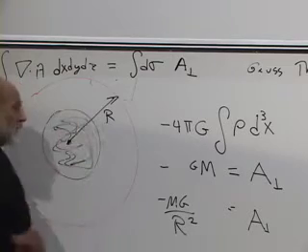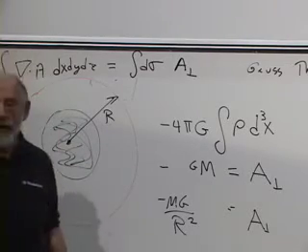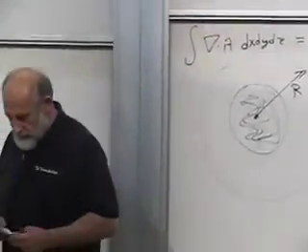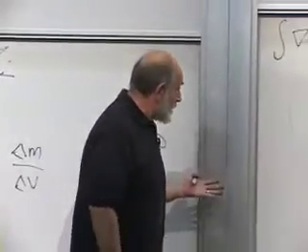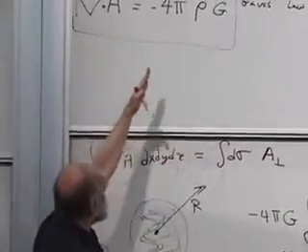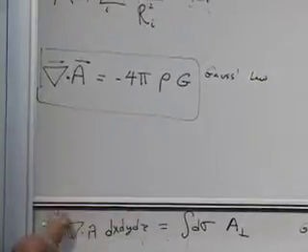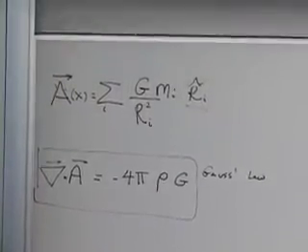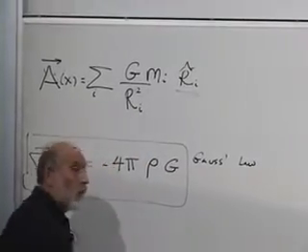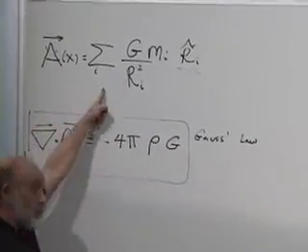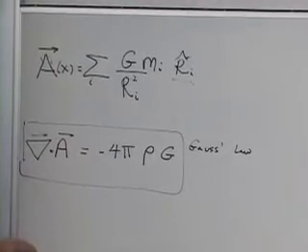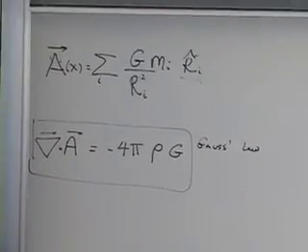All it depended on was that the mass was spherically symmetrically distributed. Okay, so I did this again to point out to you that del dot A equals minus 4 pi rho G is equivalent to A being the sum over all the mass points of Newton's characteristic expression for gravitational field.